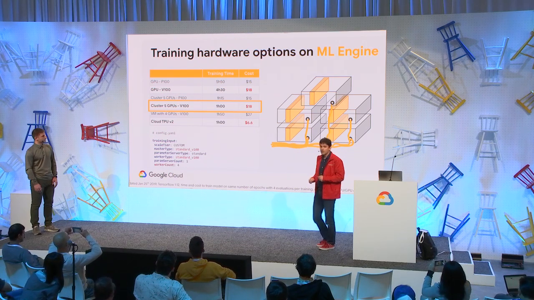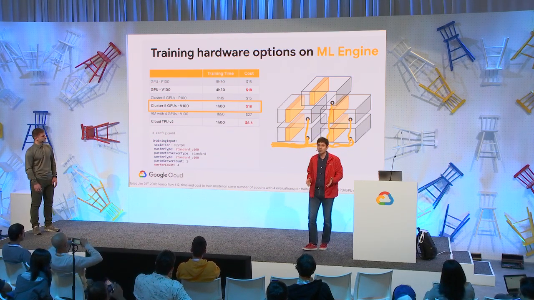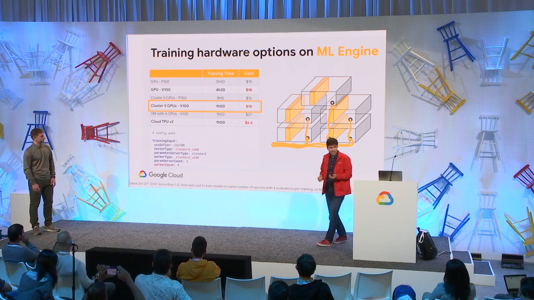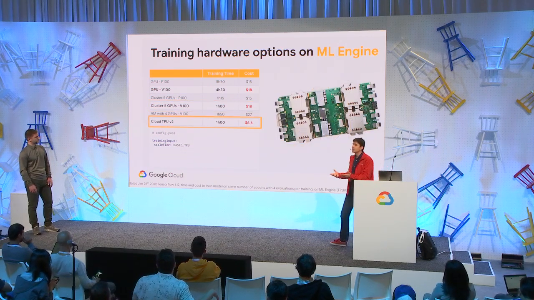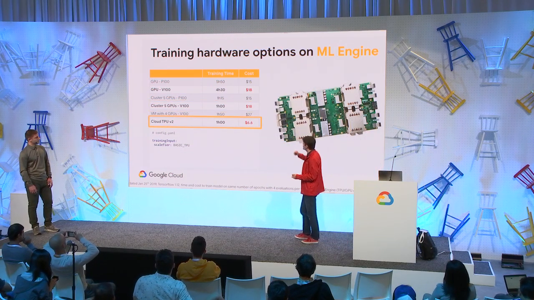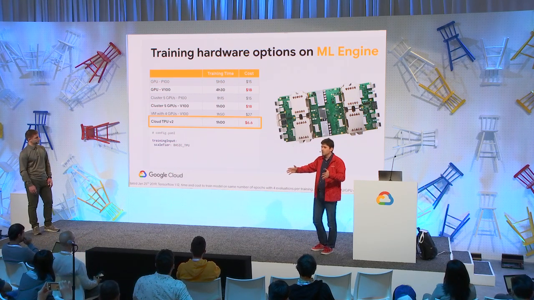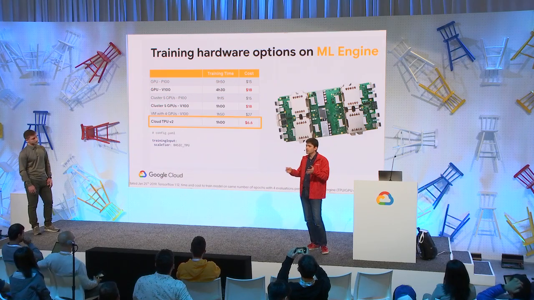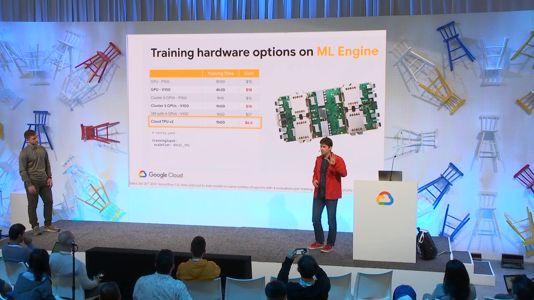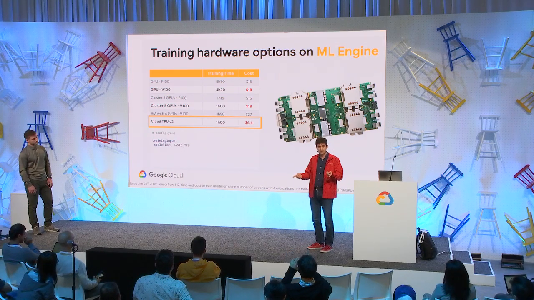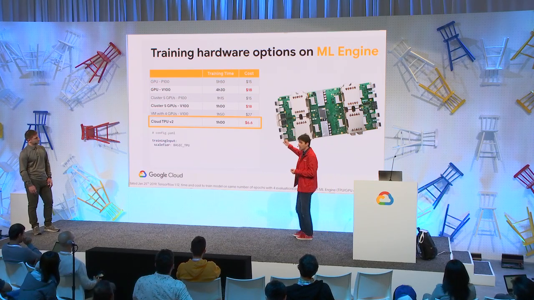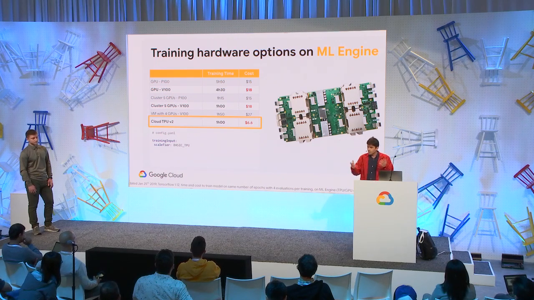And with 5 powerful GPUs, I can train this in 1 hour. And I've chosen this example because this is exactly the time it takes to train it on one cloud TPU v2. So just as a rule of thumb, one cloud TPU, 4 chips, roughly equivalent to 5 powerful GPUs. In terms of speed, in terms of cost, it's almost 3 times less expensive because we have a density advantage in the microarchitecture.